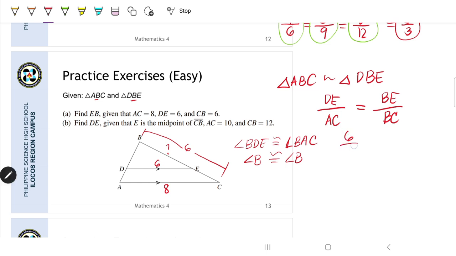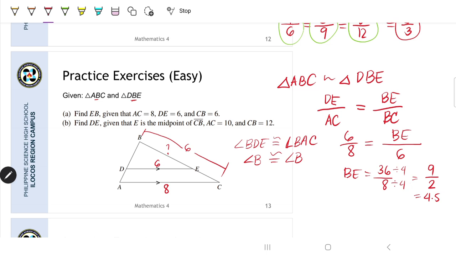So this is 6 over 8 is equal to BE na unknown and BC or CB na 6. Okay, so you can solve this easily using our technique, which is cross multiplication. So BE is equal to 36 all over 8. So divided by 4 divided by 4. So BE in fraction form is equal to 9 over 2 or 4.5.